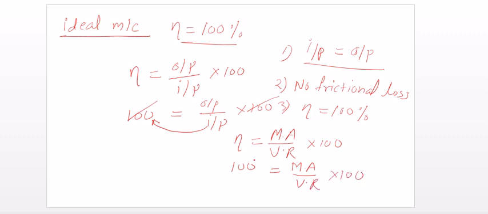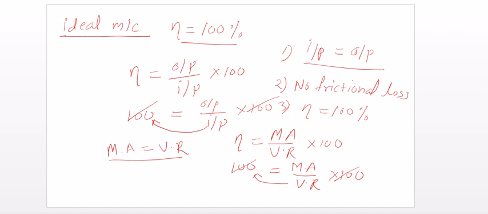If I take the velocity ratio to this side, mechanical advantage is equal to the velocity ratio in the case of an ideal machine.